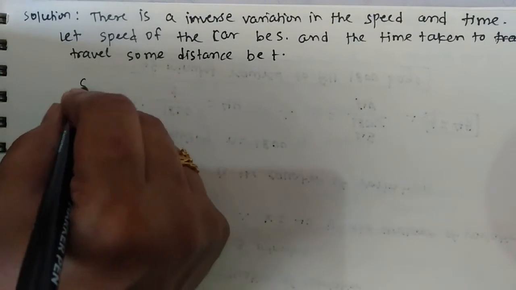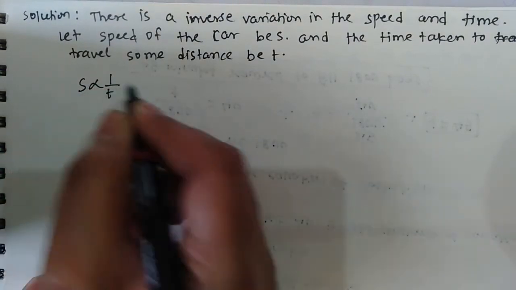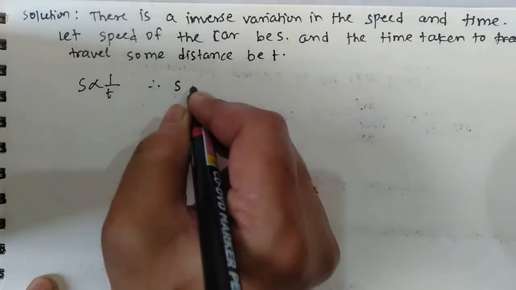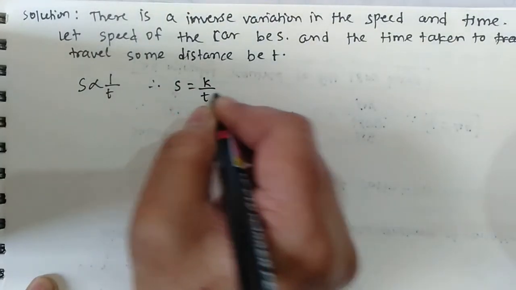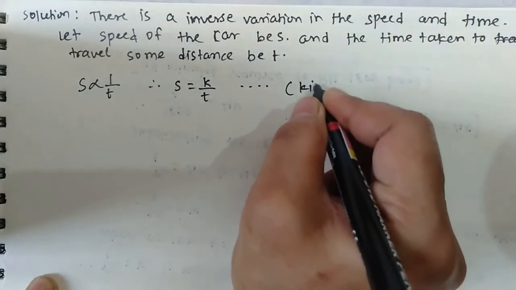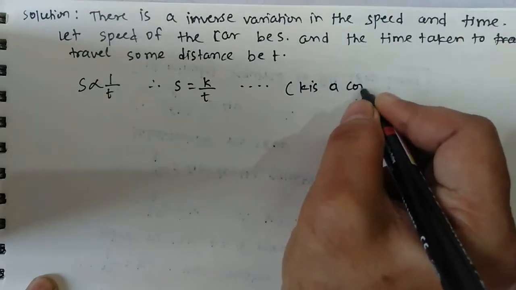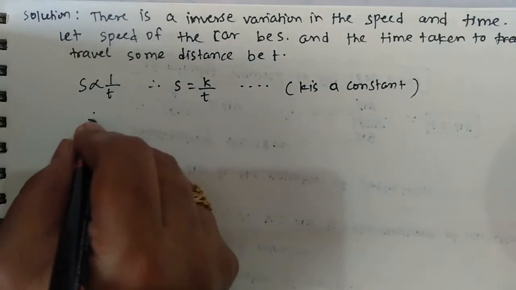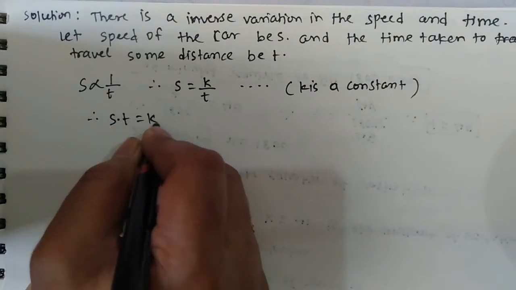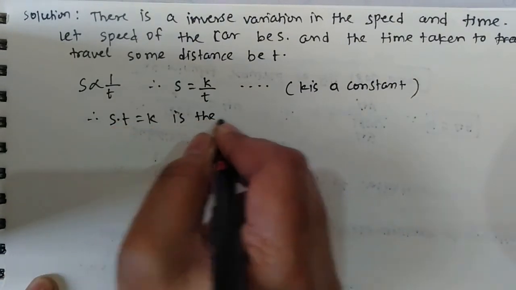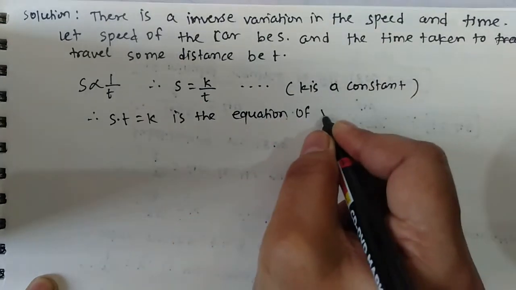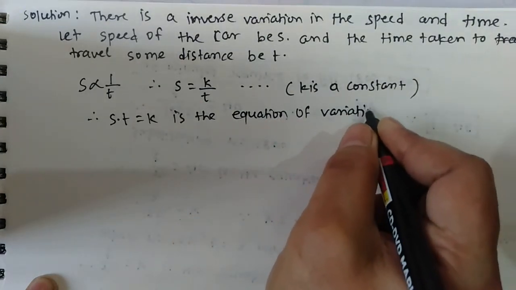So therefore s varies inversely as t. Therefore s is equal to k upon t, where k is a constant. Therefore s into t is equal to k, which is the equation of variation.